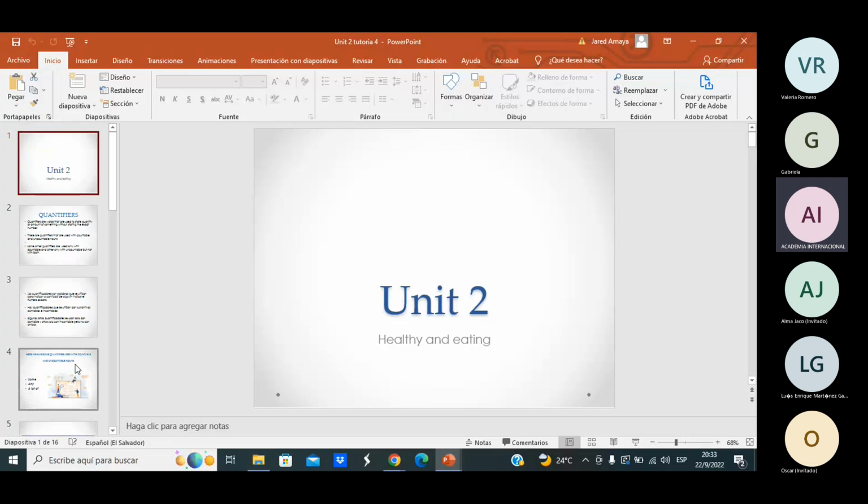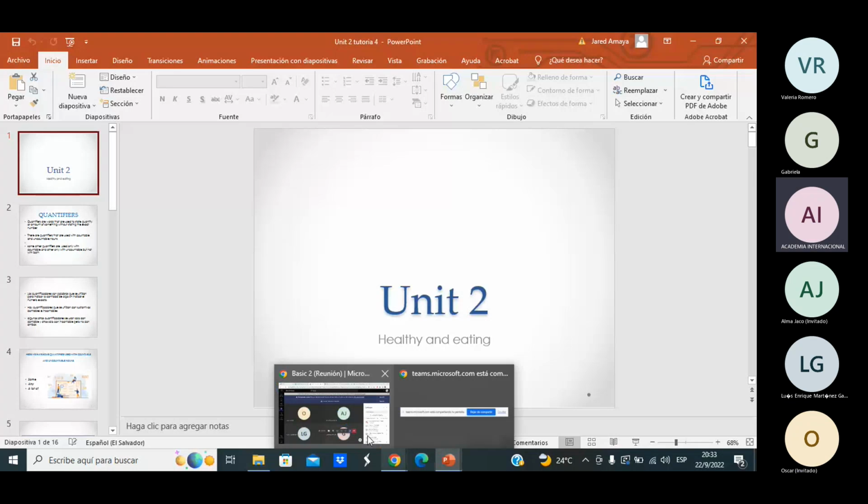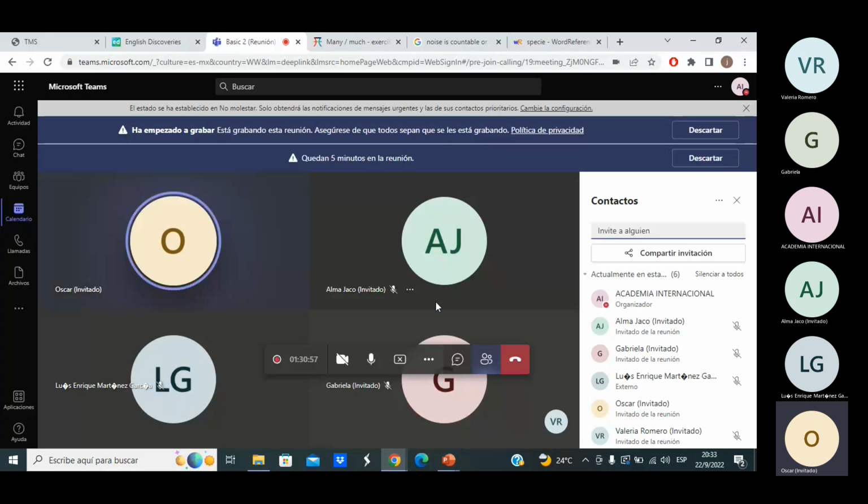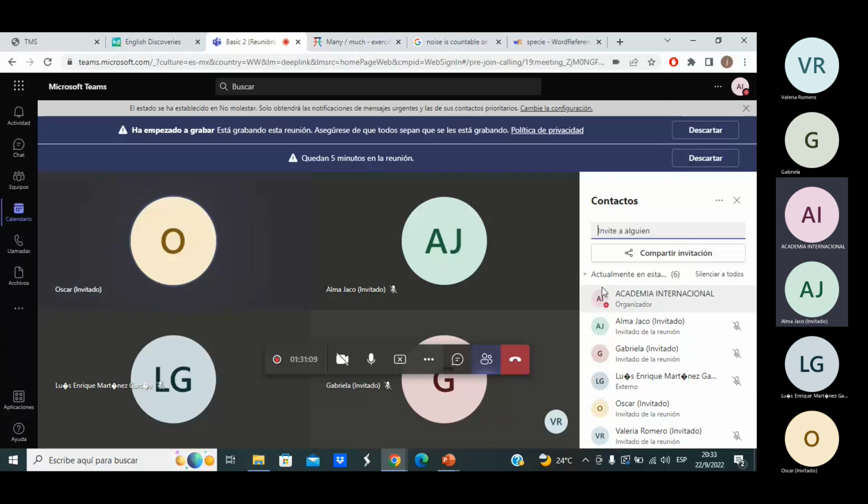Yo diría que no sé qué día pueden, si un sábado, domingo, porque sí son bastante. Y si le damos lunes, sí, lunes también, pero no sé, ¿qué dicen ustedes los demás? ¿Qué opinan? Porque solo Oscar ha dicho. ¿Hola?